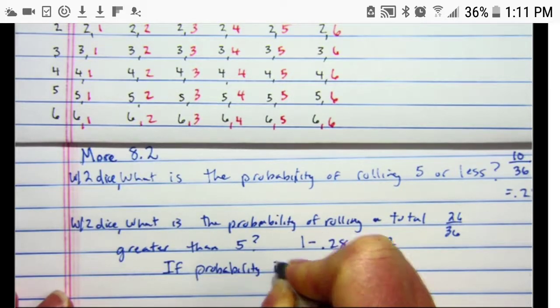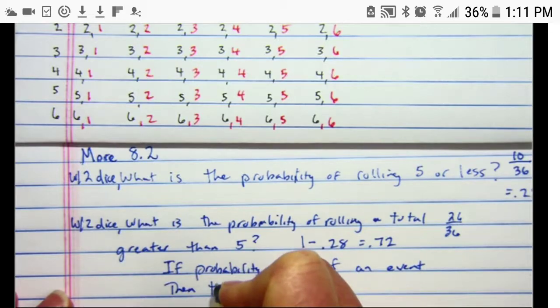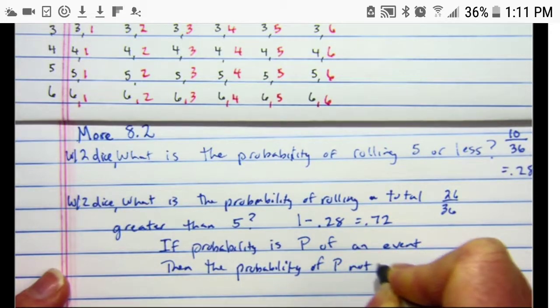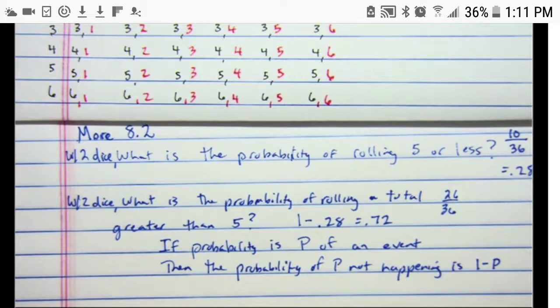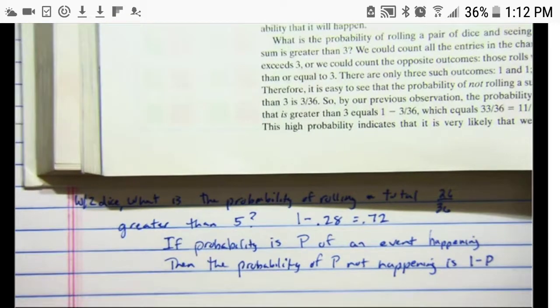So we're going to write out that statement from our textbook. If the probability of an event happening is P, then the probability of it not happening is 1 minus P. So we'll just look at a few of our definitions in our book that we've been looking at.